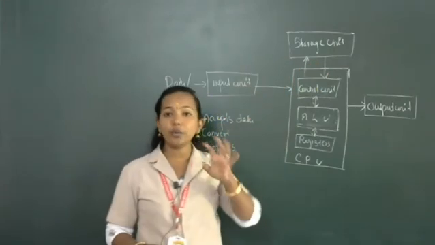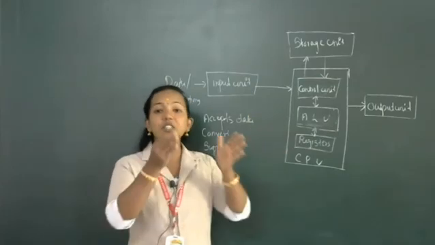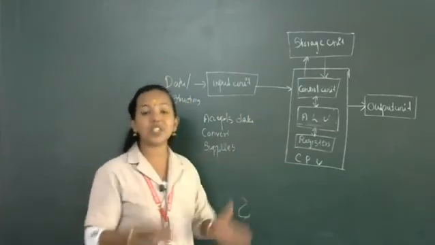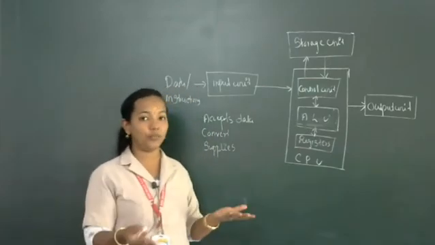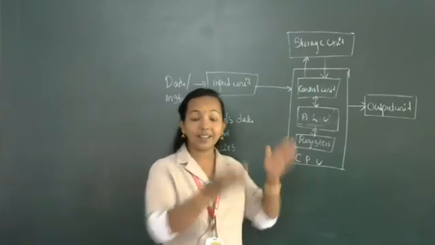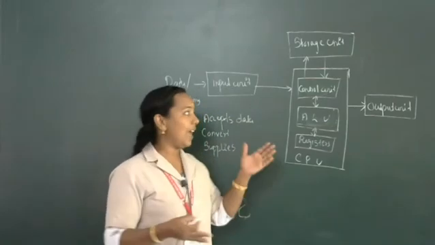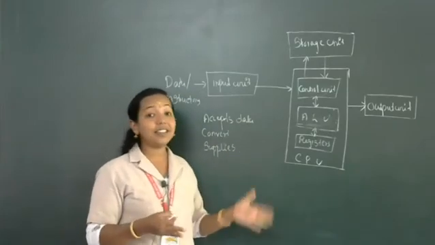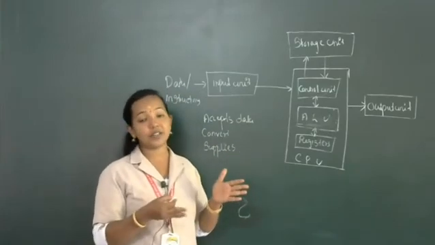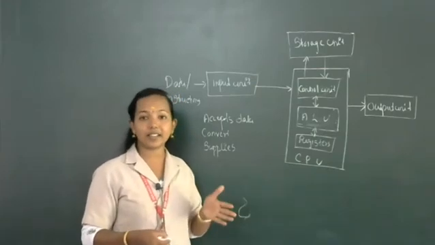That means the control unit will help processing unit for accessing data, or it maintains a bus, that means a channel. If an address is transferring, then the address bus will be invoked. If data is transferring, then the data bus, that means lines. And it controls and coordinates, which means it will make the data flow or data transition speed in an easy manner, because it is controlling the entire transaction.